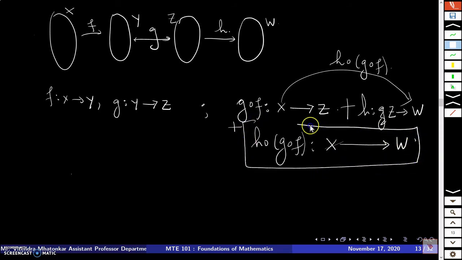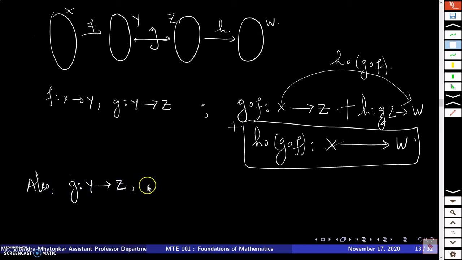Let me put it in a box. And secondly, now if I look at g from Y to Z, also g is a map from Y to Z and h is a map from Z to W. So I can talk about h composite g, and that will be a map from Y to W.